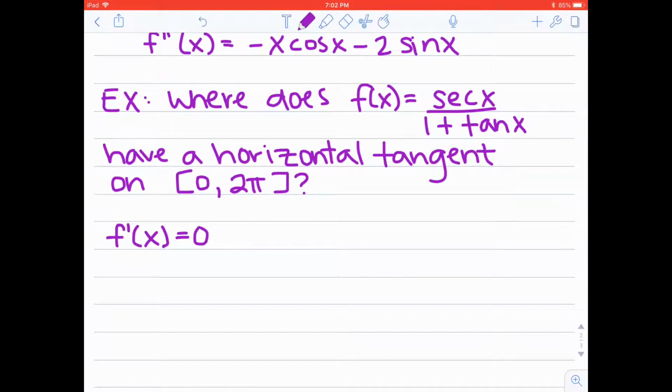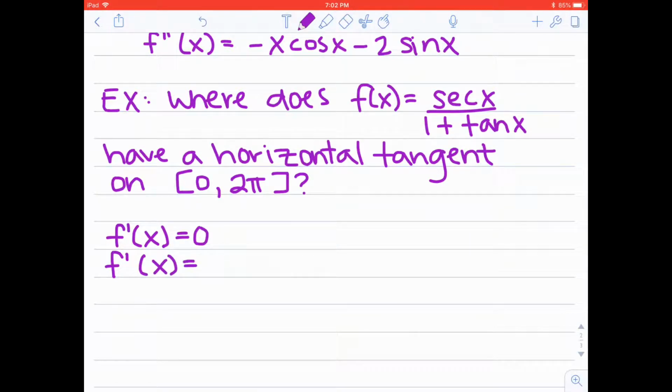So we're going to take that function, secant x over 1 plus tan x, take the derivative of it, and then set that derivative equal to 0 and solve. Now the fun thing about this is the quotient rule, right? Because that original function is a fraction.